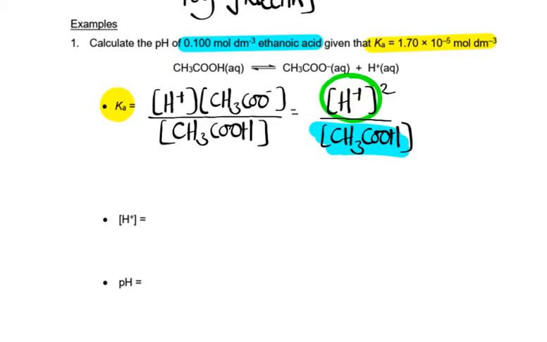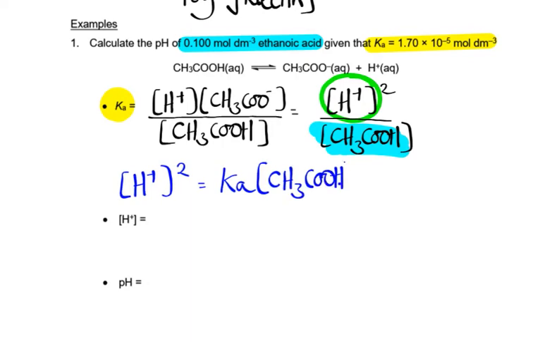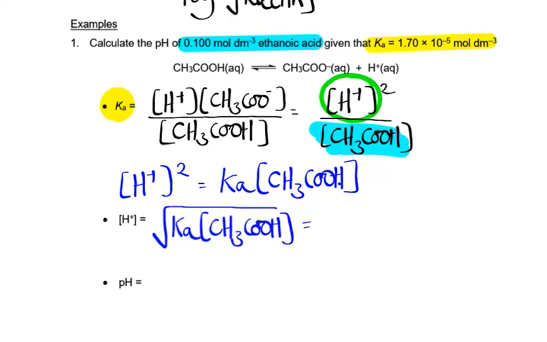We'll just rearrange this. So the hydrogen ion concentration squared is Ka multiplied by the concentration of the ethanoic acid, which means the hydrogen ion concentration is the square root of Ka multiplied by the concentration of the ethanoic acid. Let's put the numbers in.